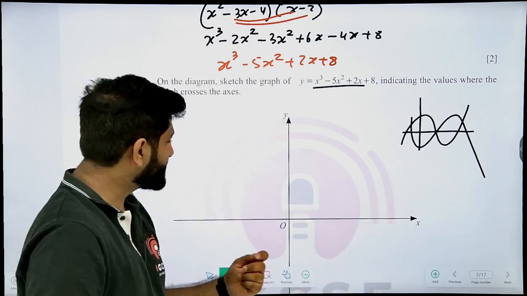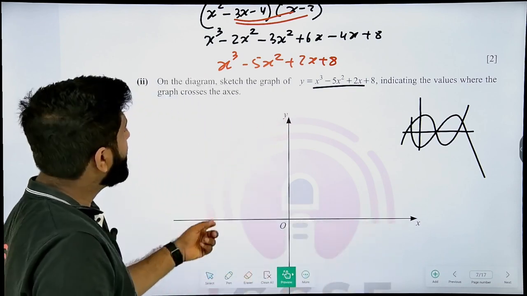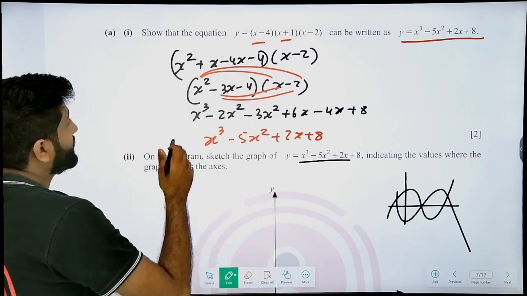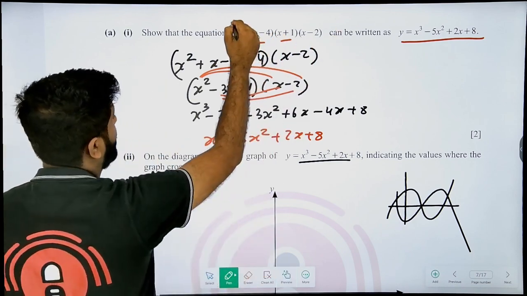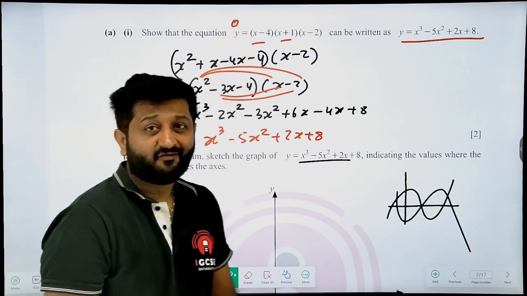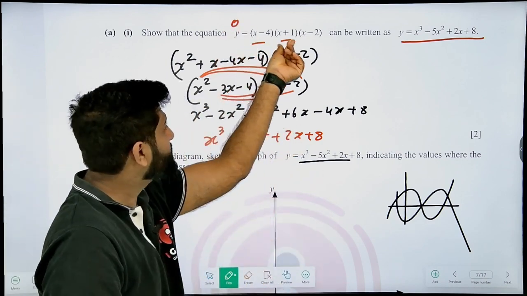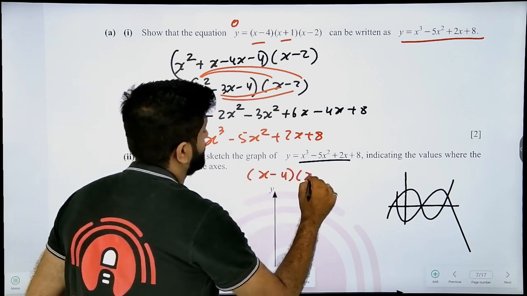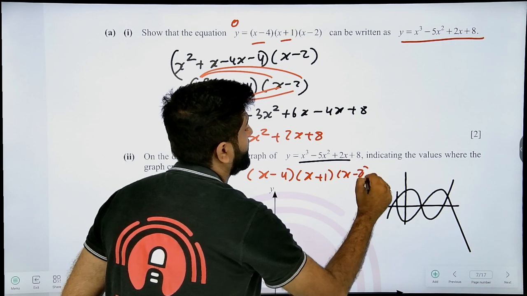X-intercepts are the points where y, or the value of the graph, equals 0. So if I substitute y as 0, when is (x minus 4) into (x plus 1) into (x minus 2) equal to 0?